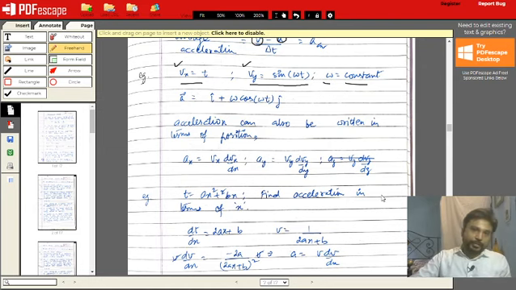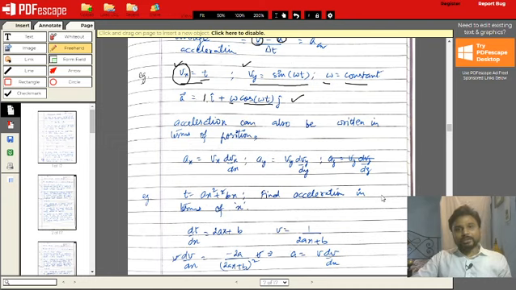We differentiate the x velocity with respect to t, and we get 1. We differentiate the y directional velocity with respect to time. Sine omega t is differentiated as cos omega t, and the coefficient in the angle of the function comes outside, that is omega cos omega t. This we have already done. So the acceleration of the particle is 1 i cap plus omega cos omega t j cap.